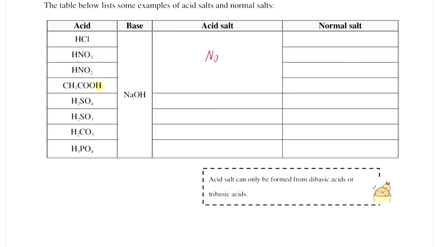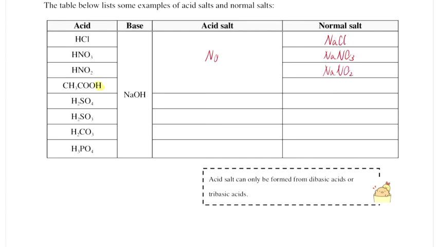When hydrochloric acid reacts with sodium hydroxide, we have sodium chloride as the normal salt product. And for nitric acid with sodium hydroxide, we have sodium nitrate formed. And for the third example, we have nitrous acid. When nitrous acid reacts with sodium hydroxide, it should form sodium nitrite.